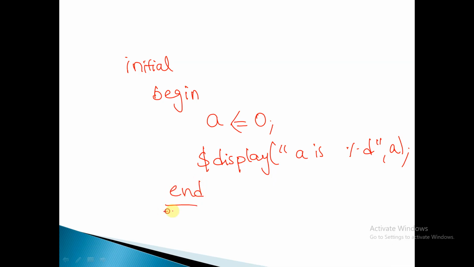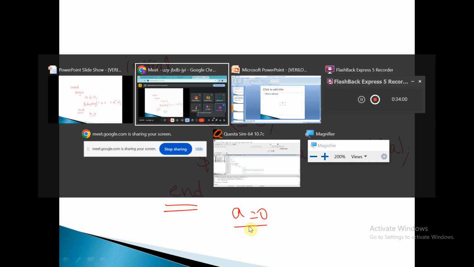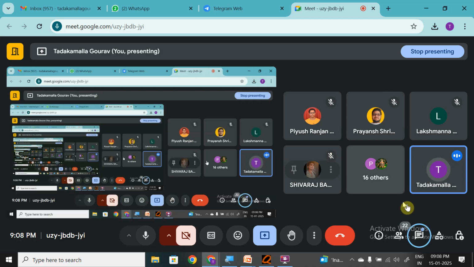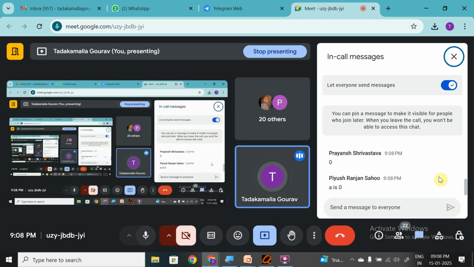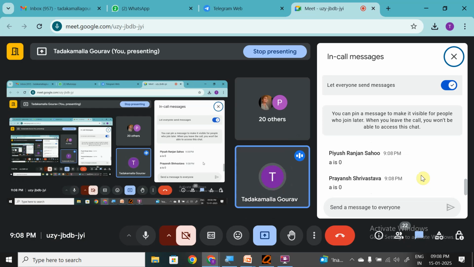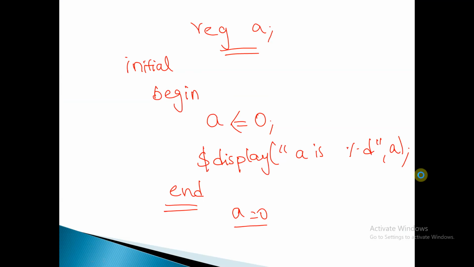What will my display statement print? A is equal to 0, sir. Okay. I'm using reg a, this is obvious, we should use only reg. Now tell me, what is my a? Others, please try to answer, and you can also refer to this diagram.